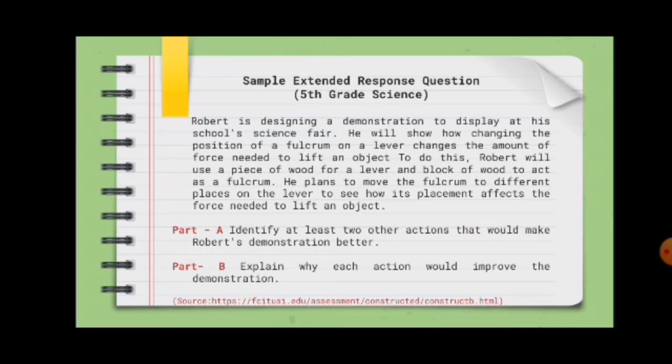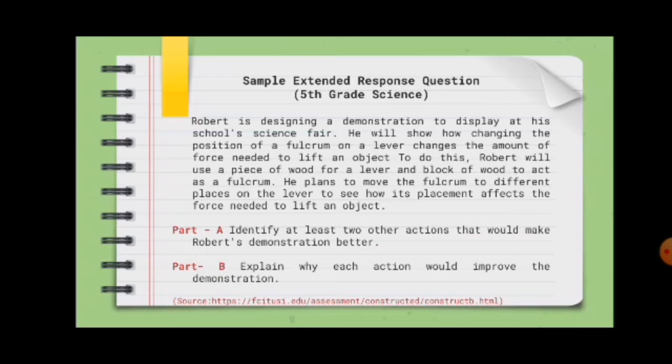To do this, Robert will use a piece of wood for the lever and a block of wood to act as a fulcrum. He plans to move the fulcrum to different places on the lever to see how its placement affects the force needed to lift an object.